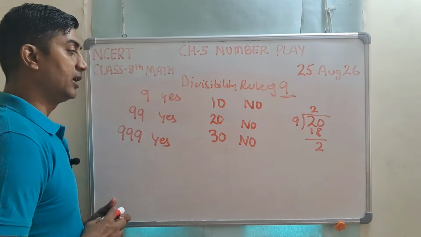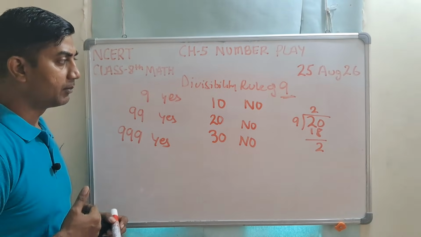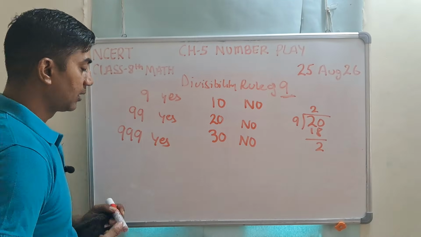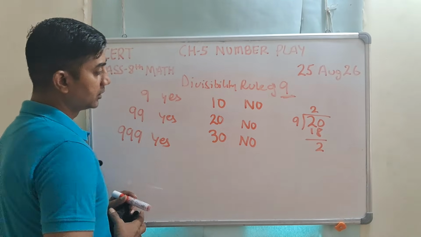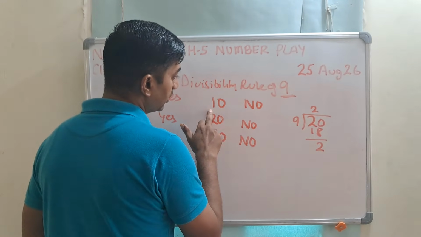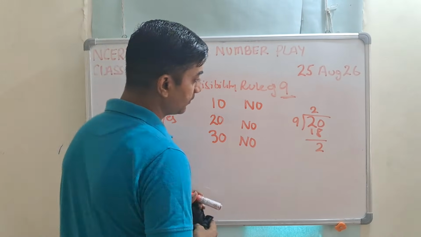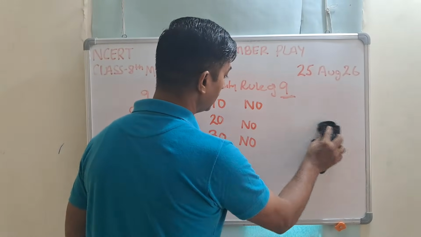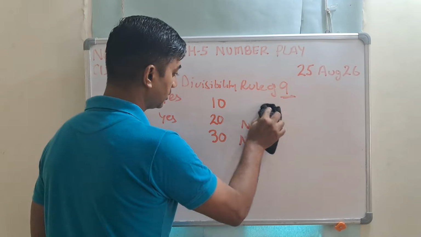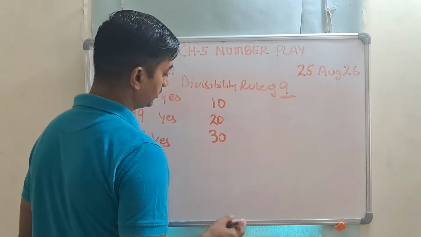But we will try to find out some pattern. Understood? We will try to find out what we get when we divide these numbers by 9.